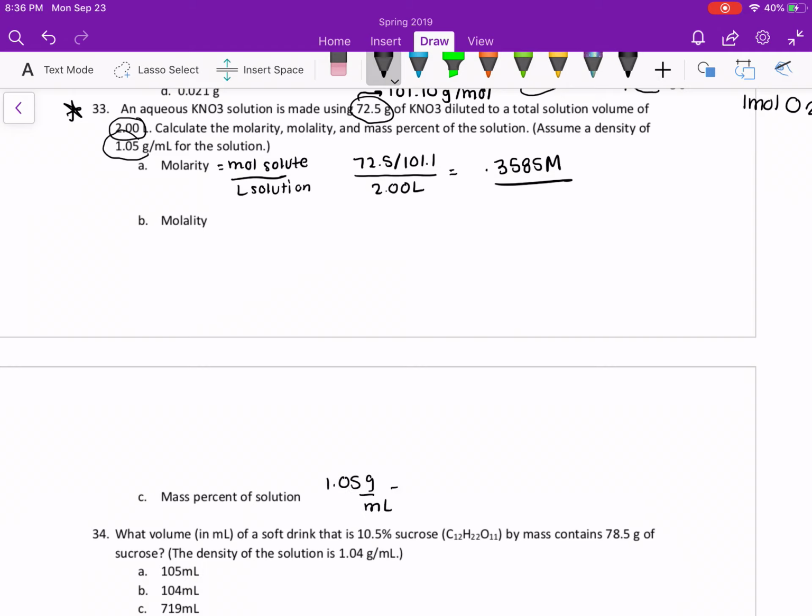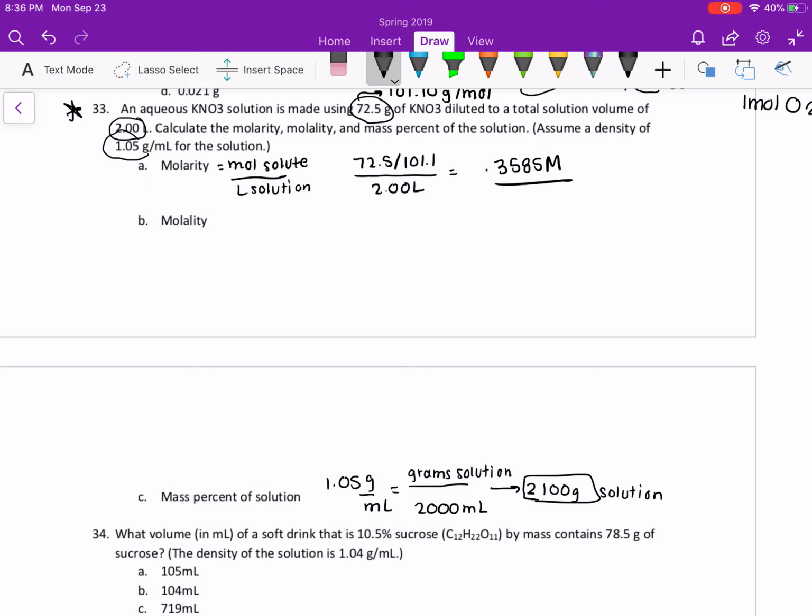I need to convert liters to milliliters, so that's going to be 2,000 milliliters, which gives me grams of solution, or mass of solution, of 2,100 grams. So that's the total mass.